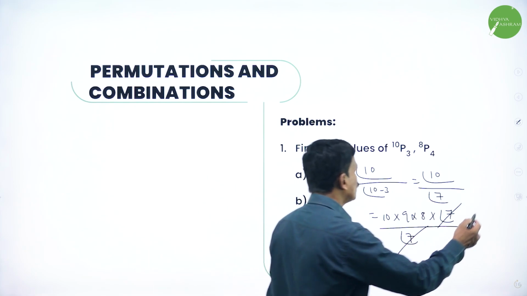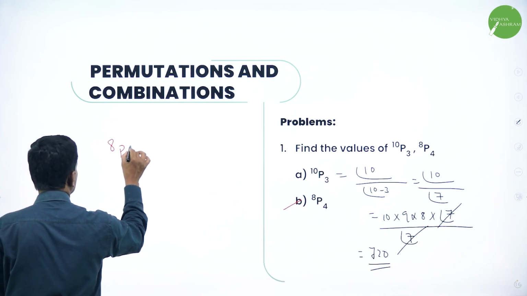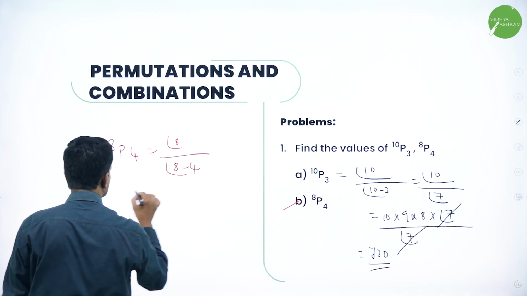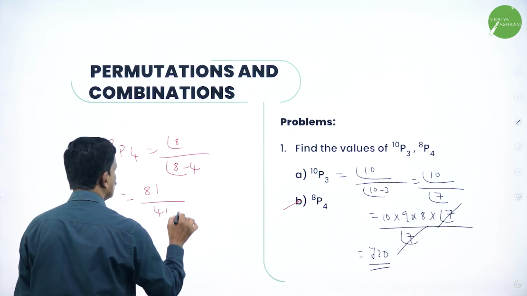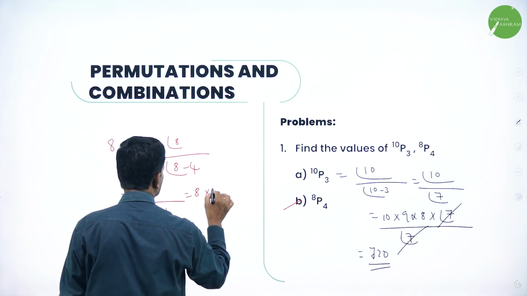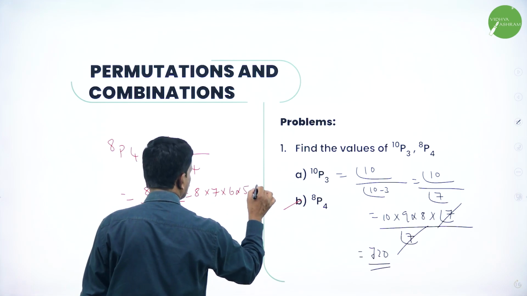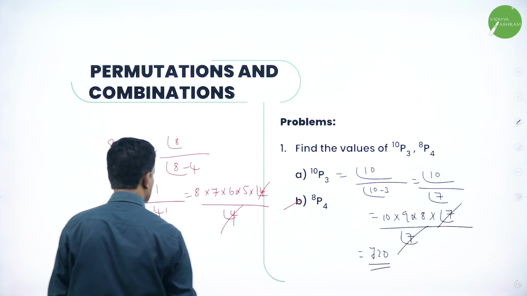Now, move on to the second one, 8P4. This is factorial 8 divided by (8 minus 4) factorial, so 8 factorial divided by 4 factorial. 8 factorial means 8 into 7 into 6 into 5 into 4 factorial divided by 4 factorial. These two get cancelled.